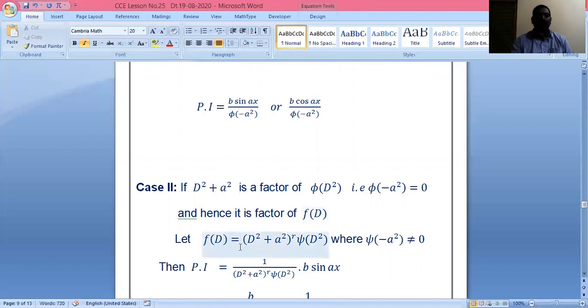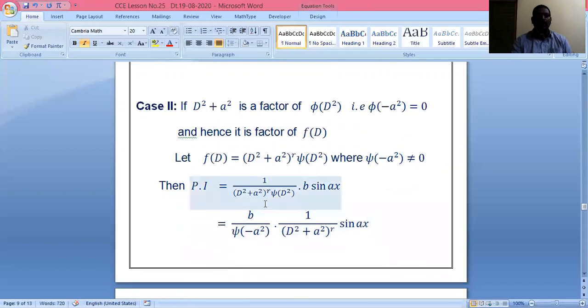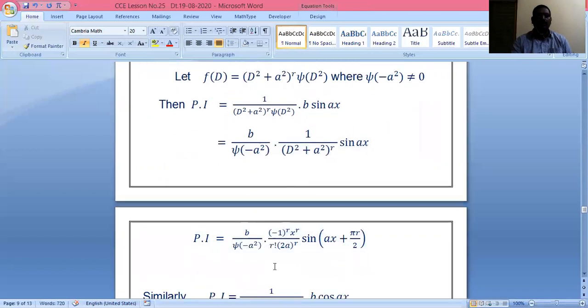Let f(D) be equal to (D² + a²)^r ψ(D²), where ψ(-a²) is not equal to 0, then PI is equal to 1/((D² + a²)^r ψ(D²)) b sin ax, that is equal to b/ψ(-a²) times 1/(D² + a²)^r sin ax.